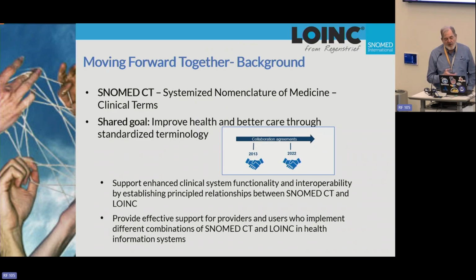And so we got together back in 2022, and we made a new agreement. The purpose of that agreement was to make things better for the world in terms of use of SNOMED and LOINC, and to do that together.